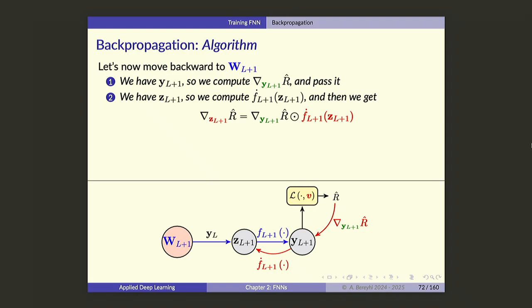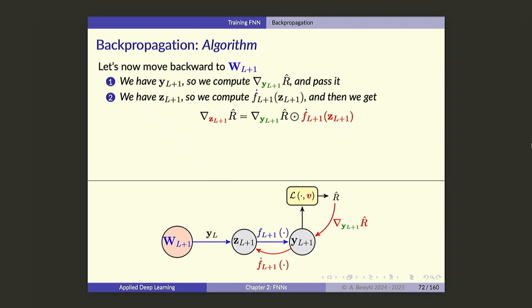And then if I want to know what is the gradient of r hat with respect to z_{L+1}, then I am going to write it down in this form. This is exactly the first local operation we did together, right? Again, I don't expect you to just write it down by heart immediately, right? The key point here is that you get this feeling that, OK, computing this gradient is possible, computing this gradient is possible as well, and I can figure out how to multiply them, right?